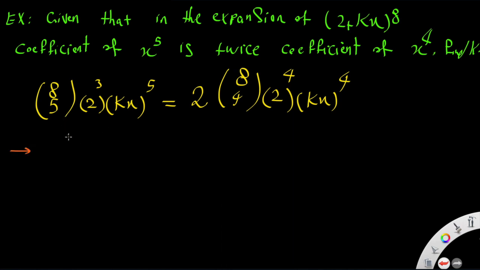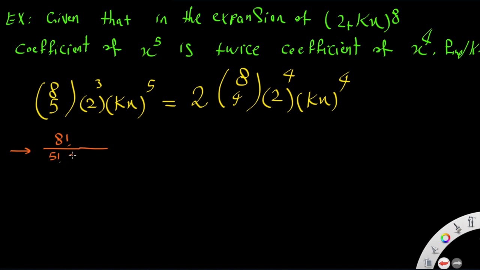Now combination of 8 and 5 would be 8 factorial over (8 minus 5) factorial times 5 factorial. I'm mentally calculating, but you can also use a calculator. You're allowed to take a calculator with you in A-level examinations.